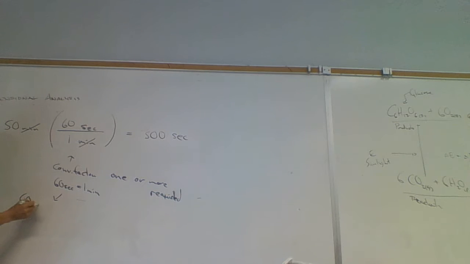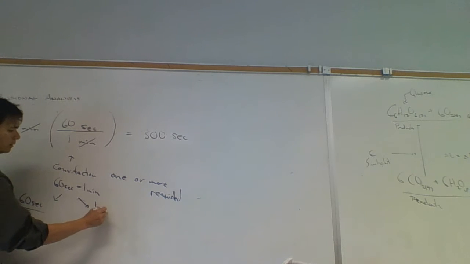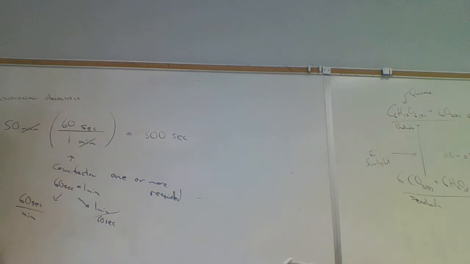It could be written 60 seconds per minute, or it could be 1 minute per 60 seconds. And they do different things. This one would convert from minutes to seconds, if we're looking at the numerator here. This one would convert from seconds to minutes. And so conversion factors are used in that way.